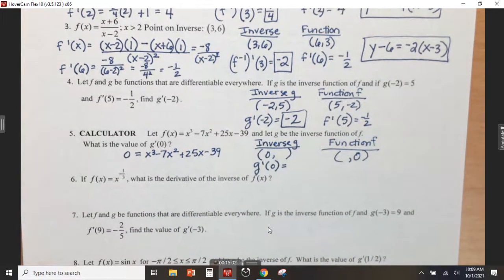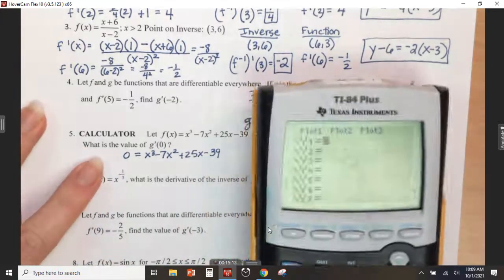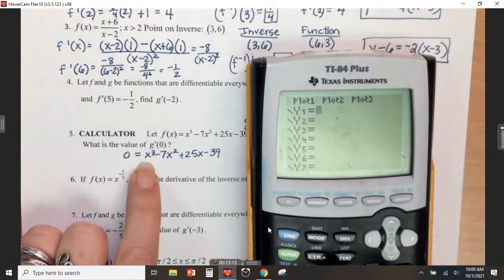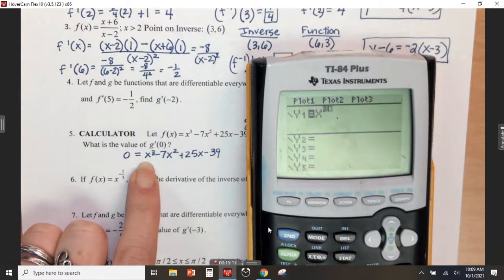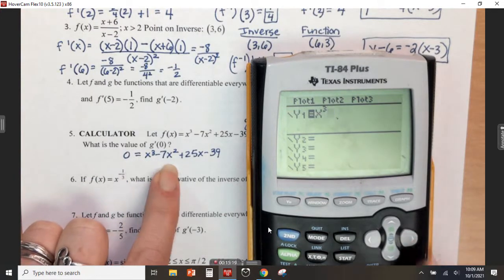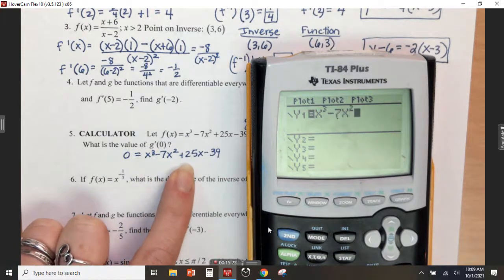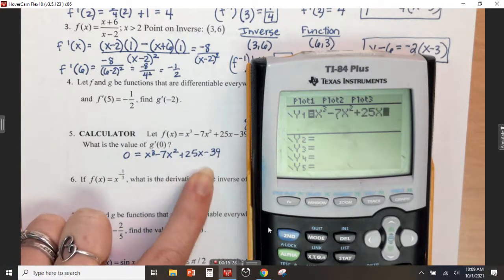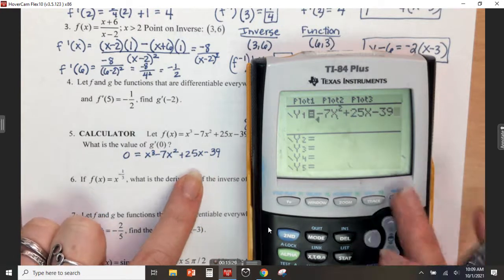And I'm going to go in my calculator, and I'm going to go to y equals, and I'm going to type that in. X cubed minus 7x squared plus 25x minus 39. And I'm going to graph it.